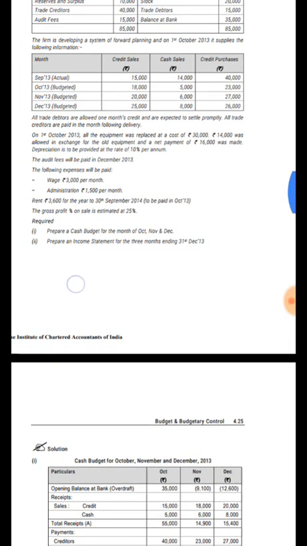So wages is considered, admin is considered, rent is considered. Now what is left is depreciation on this equipment. So 30,000 into 10%, how much? 3,000. So 3,000 divided by 12 into 3, 750.